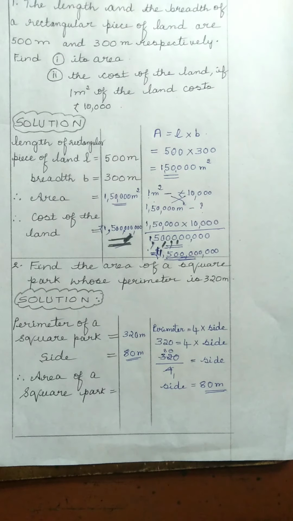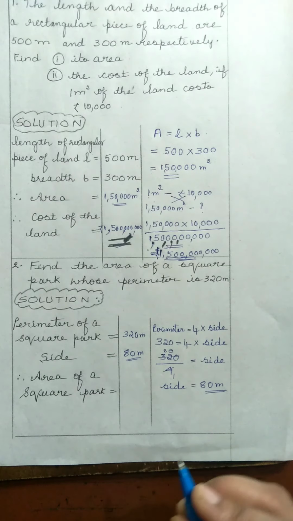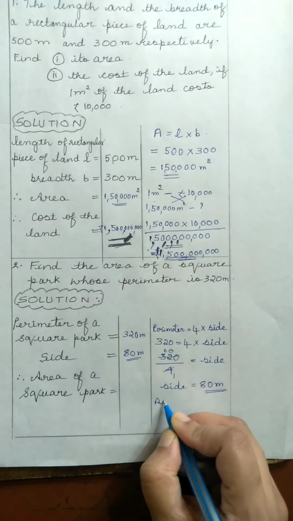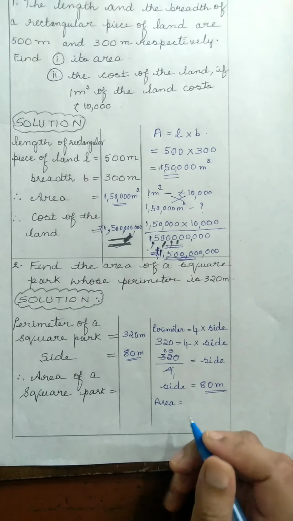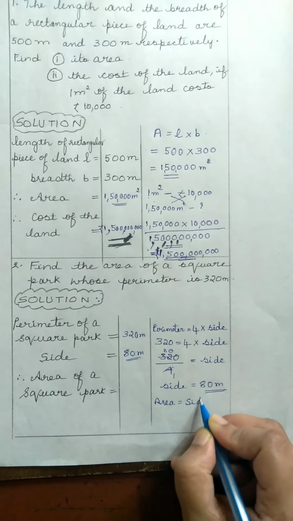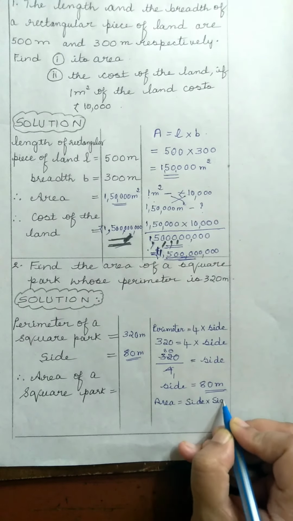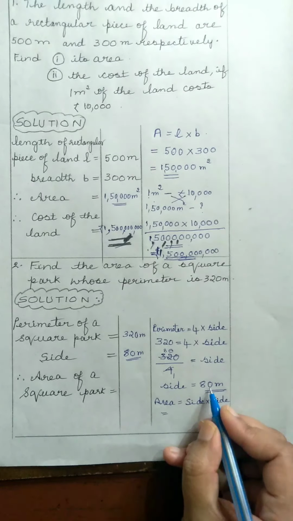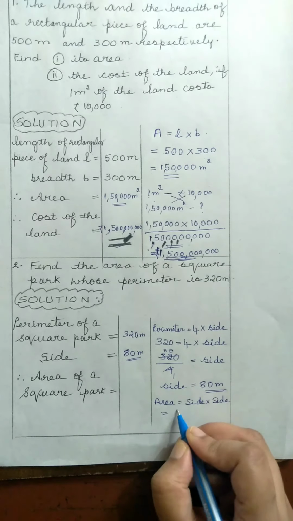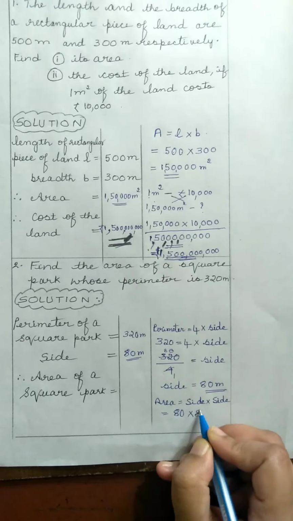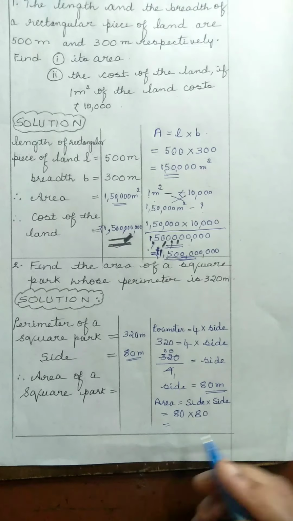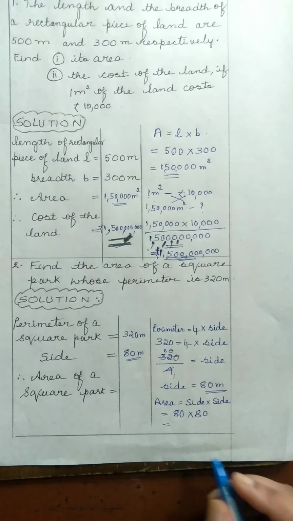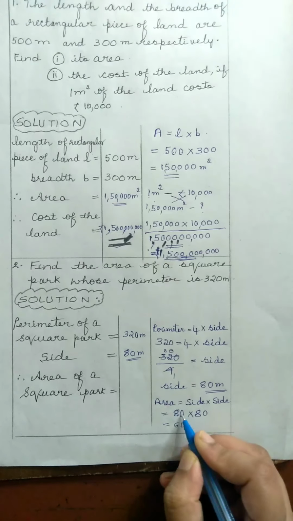Now, we can find out the area of the square park. That is, area of a square is equal to side into side. Therefore, we got the value of the side, that is equal to 80. So, 80 into 80. Now, let us multiply 8 into 8. 8 8s are 64. Count the number of zeros.